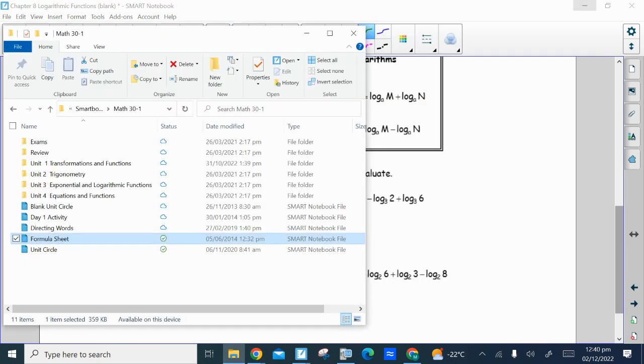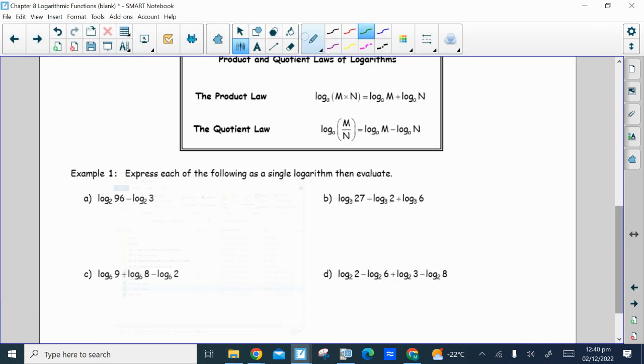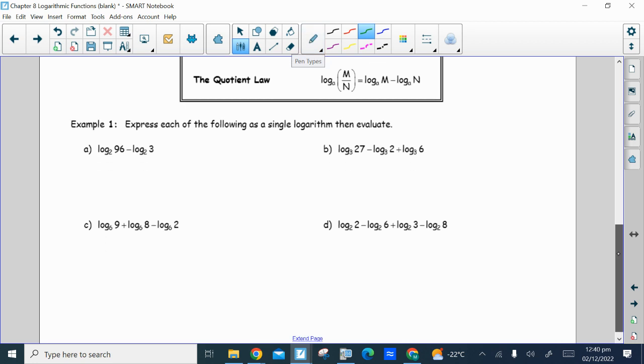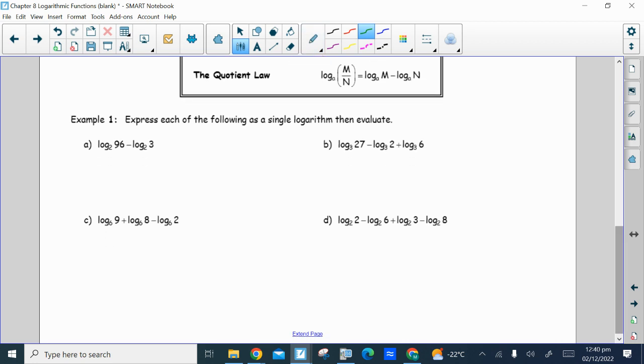Okay, so a couple of uses of these laws of logs. One of them is to help us simplify expressions involving logarithms. As long as the bases are the same, we can use the appropriate law. This first one, log base 2 of 96 minus log base 2 of 3, because you're subtracting logs, that's the quotient law. This would be the same thing as log base 2 of 96 divided by 3.